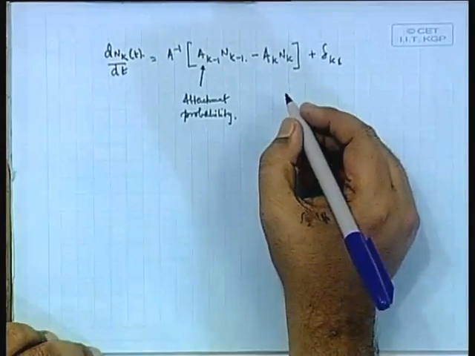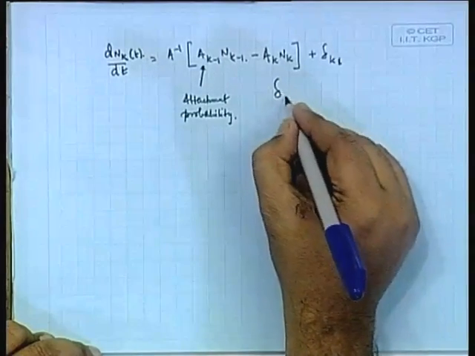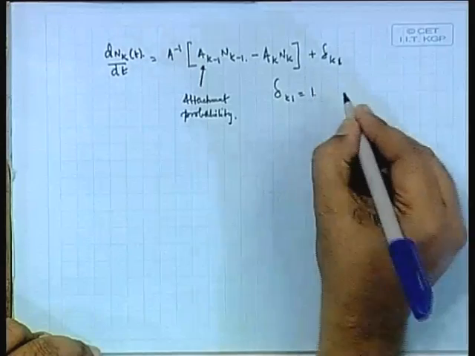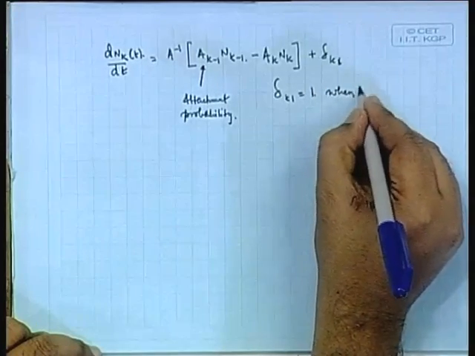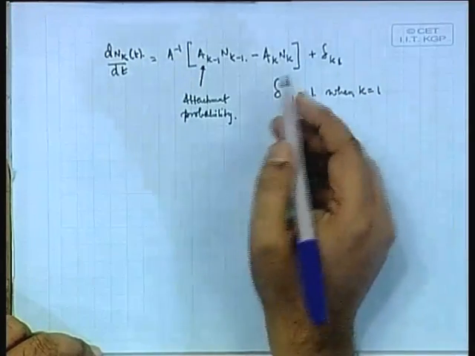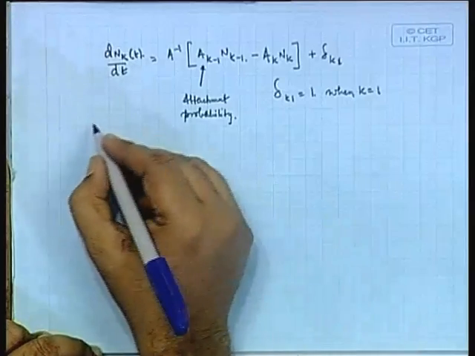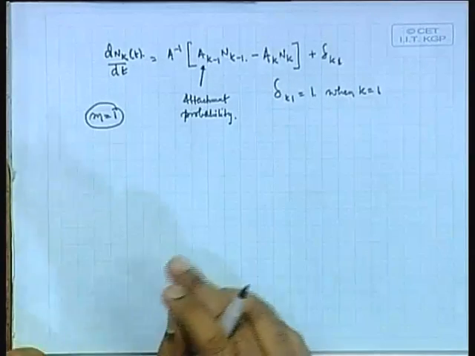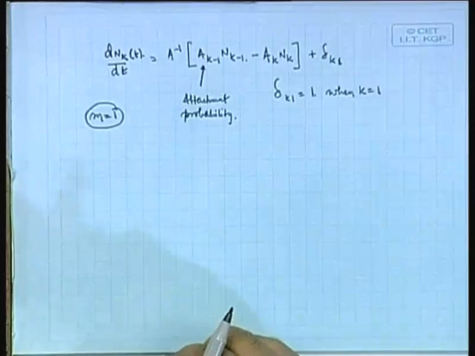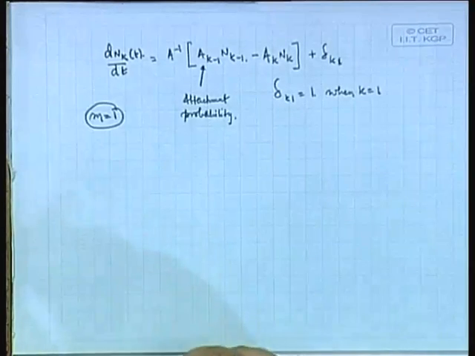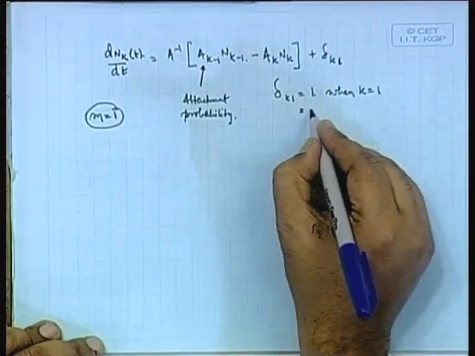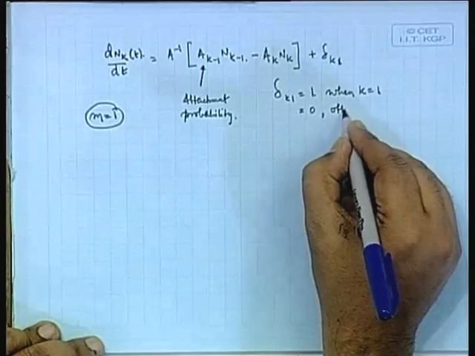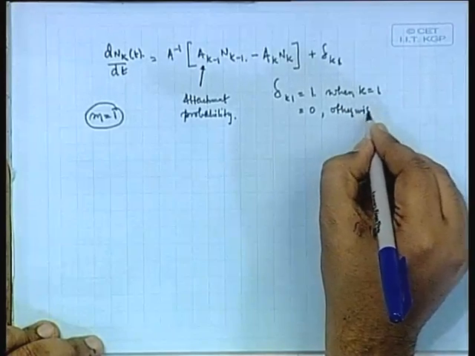Okay. So, what we have, this spike function is equal to 1 when k is equal to 1. Okay. At k is equal to 1, we think m is equal to 1 here. Let us think m is equal to 1, that it joins with one node. And 0 otherwise.